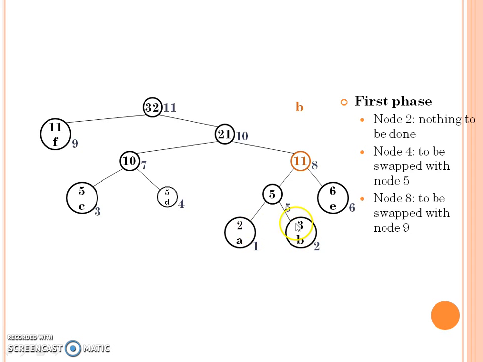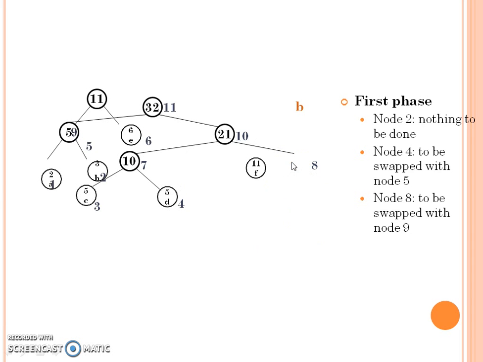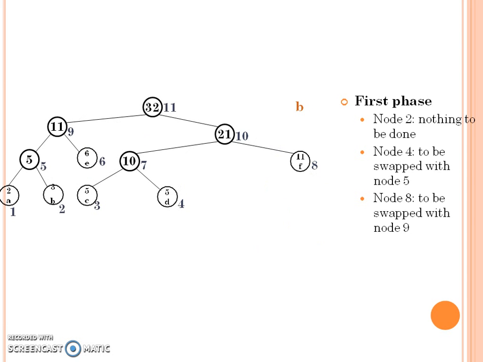So 2 plus 4 will become 6, 6 plus 6 will become 12. This value will be greater than the parent level value, that is 11. So we have to swap node 9 and node 8. After this swap, we now have a Huffman tree and the root is reached. So we will stop here.